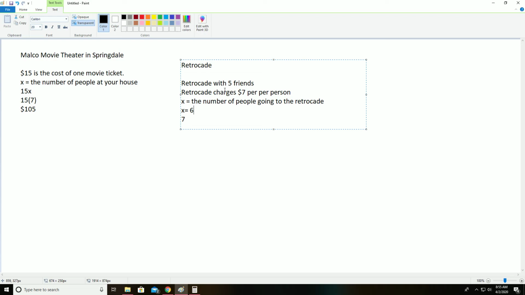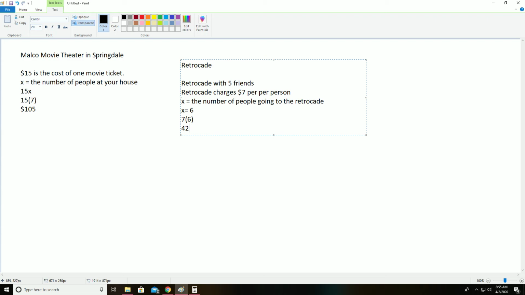So 5 plus 1 is 6. That means that all 6 of these people are going to pay the $7 to get in. So what do we have to do? We have to multiply times 6. Since we're multiplying times 6, I already know this. It's going to be 42. That means it's going to cost all of you $42 to go to the Retrocade.